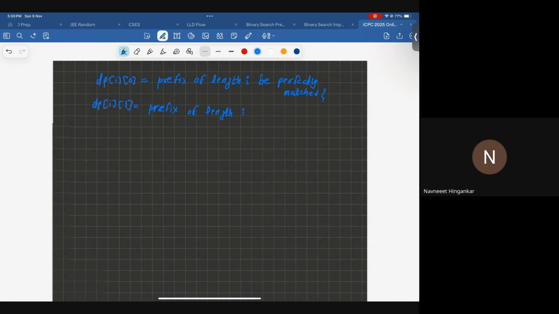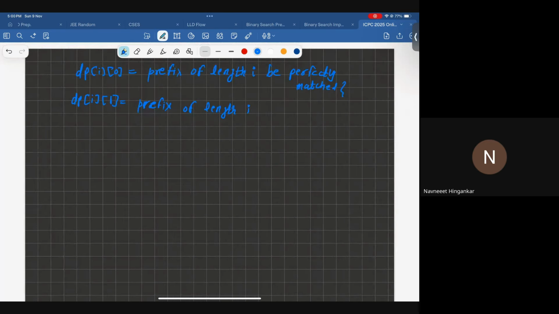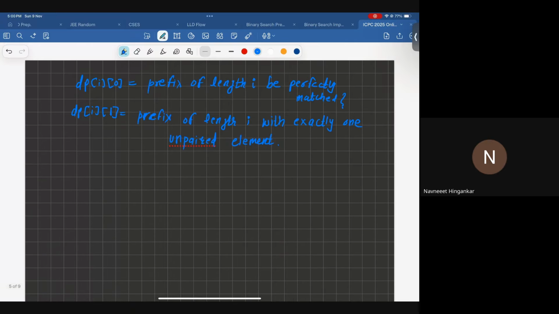With exactly one unpaired element. This is the one. So DP[i][0] is true if DP[i-2][0] is true, it means the cost is possible and the current pair is valid.